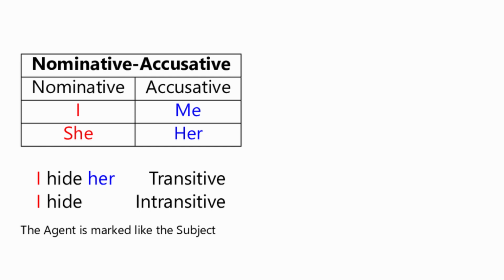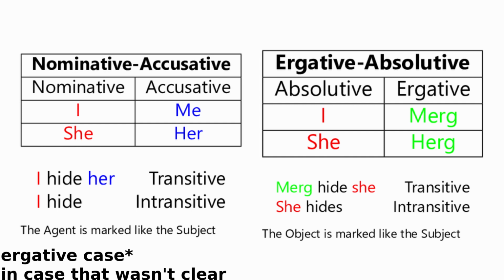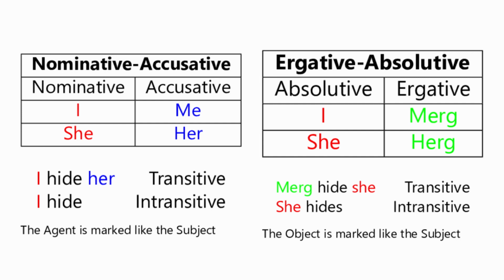But in an ergative case marking system, as you probably guessed, this is actually not true, and rather the subject of an intransitive and the object of a transitive are marked identically with an absolutive case, while the agent, or subject, of a transitive verb is marked with a case called the ergative case. So we would say I hide, but herg hides I, for ergative third-person pronoun herg and absolutive first-person I.